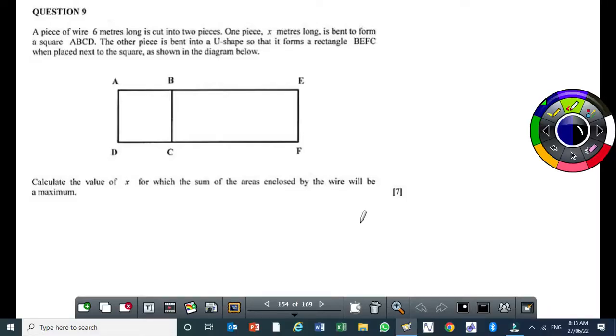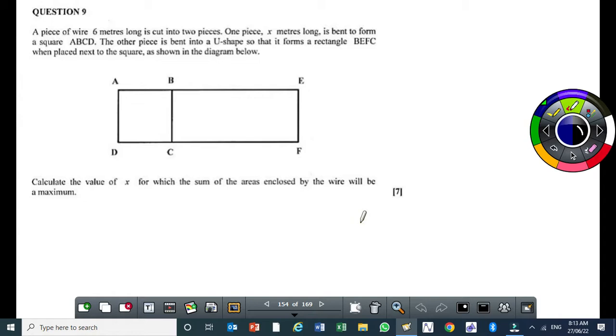So the questions on optimization come in different ways. Then we also have rates of change, which I'll show you later on after this example. Then the last aspect on optimization is calculus of motion, where you talk about equations of motion from physics and you apply calculus.